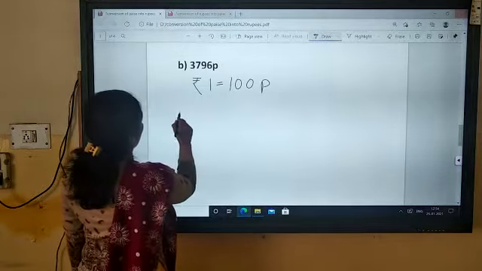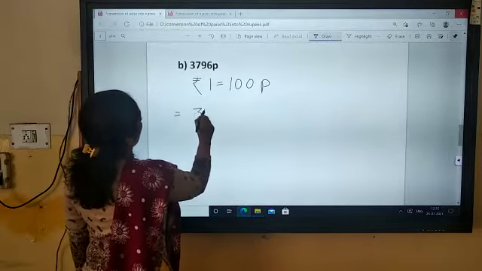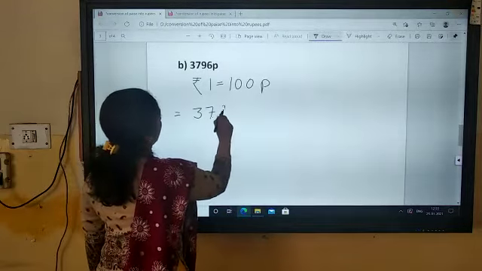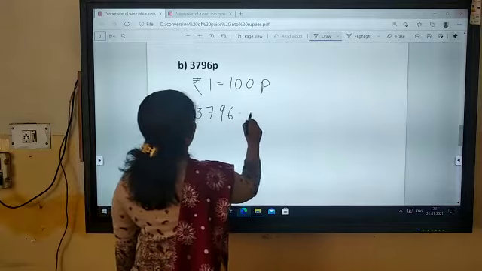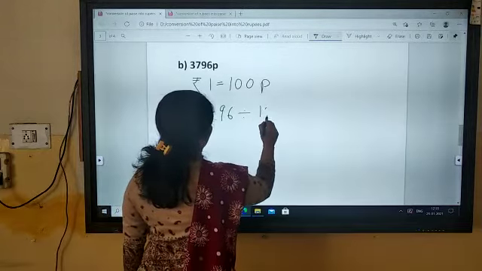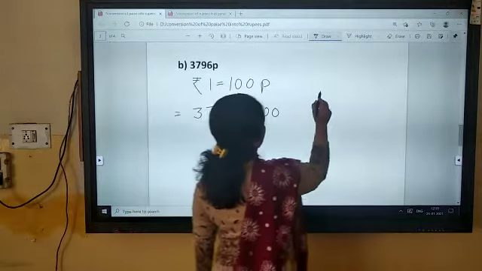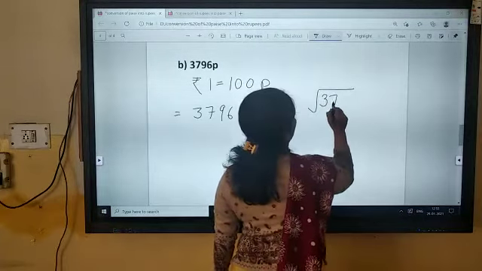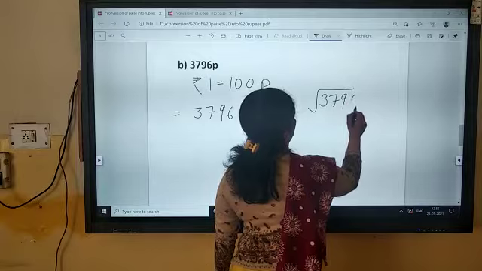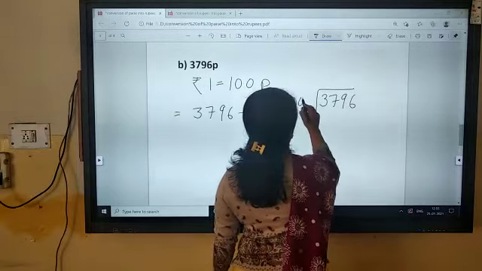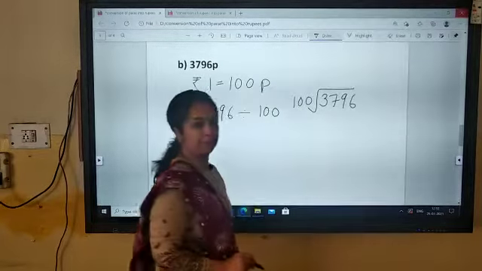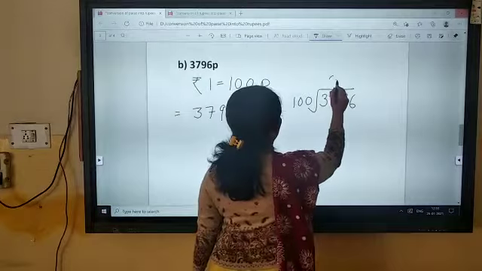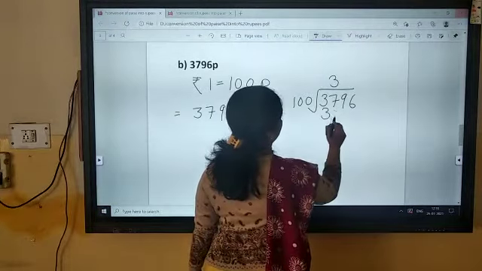So we will divide 3796 by 100. We can show working this side. 100 threes are 300.